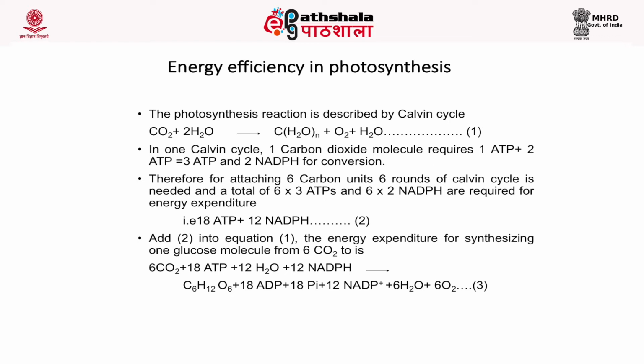So adding this 18 ATP plus 12 NADPH to equation 1, that is CO2 plus 2H2O gives CH2O plus O2 plus H2O. The energy expenditure for synthesizing 1 glucose molecule from 6 CO2 is like this: 6 CO2 plus 18 ATP plus 12 H2O plus 12 NADPH is equal to C6H12O6 plus 18 ADP plus 18 Pi plus 12 NADP plus 6H2O plus 6O2.